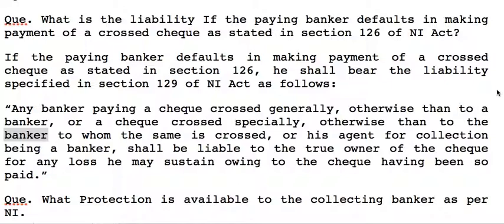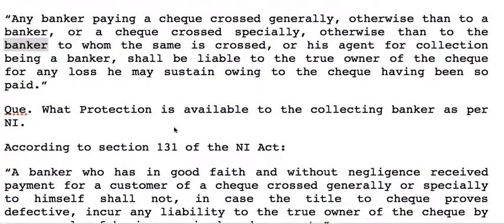If it is crossed specially, it should be collected by or paid to the banker in whose favor it has been crossed specially, or its collection agent. So, in case a bank fails to make payment like this, then it shall be liable to the true owner of the check for any loss he may sustain owing to the check having been so paid. Definitely, it will make good the loss.